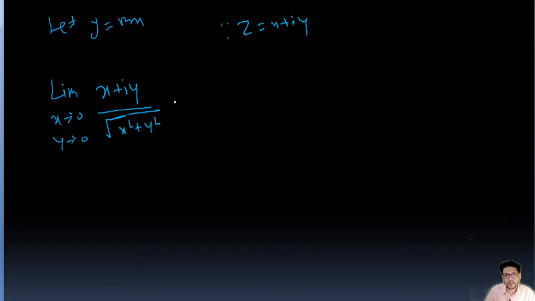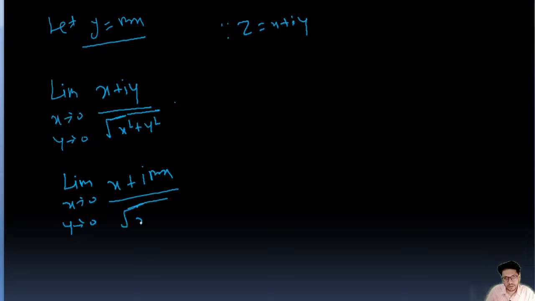So now we'll put the value y equal to mx. So this is going to be limit x tends to 0, y tends to 0, and for x plus iy we will write x plus imx upon root x square plus m square x square, right? And then we'll solve it.